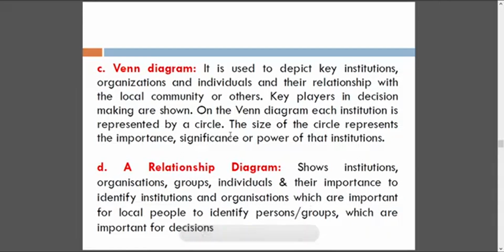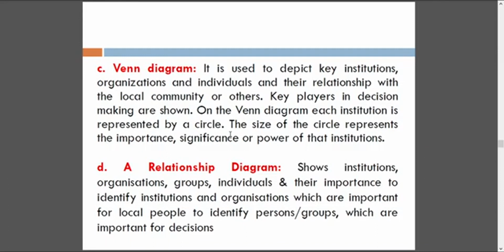Okay, so when we are using the Venn diagram, the size of the circle used will represent the importance, significance or power of a given institution or player or stakeholder or individual in the community. We use this because it is easier for community members to understand with the help of diagrams.